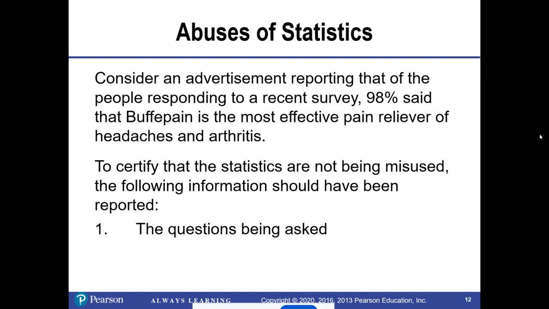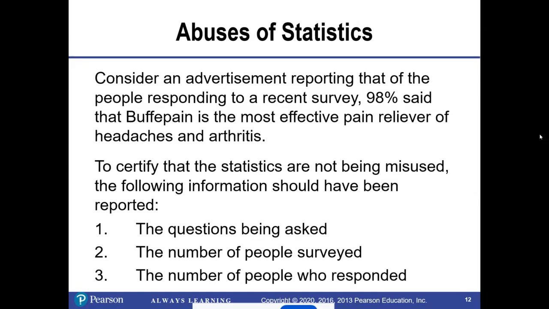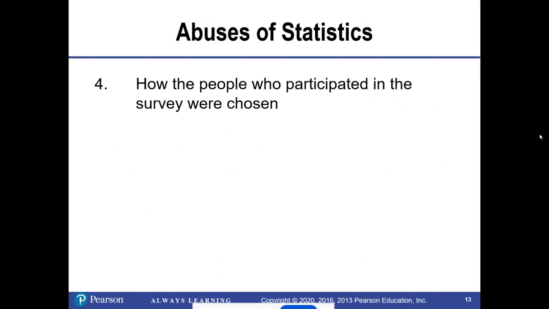First of all, the questions being asked. Second, the number of people surveyed. Third, the number of people who responded. Fourth, how the people who participated in the survey were chosen.